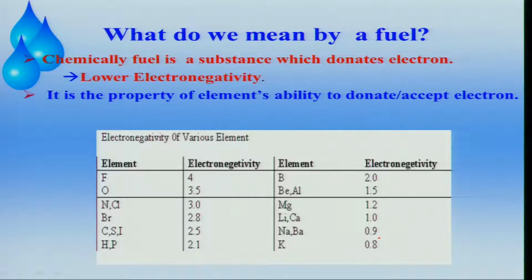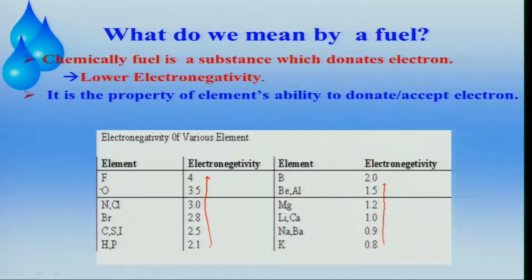So, as you go along, sodium, lithium, magnesium, beryllium, boron, this electronegativity increases, and similarly hydrogen and carbon, it is also increasing in order.